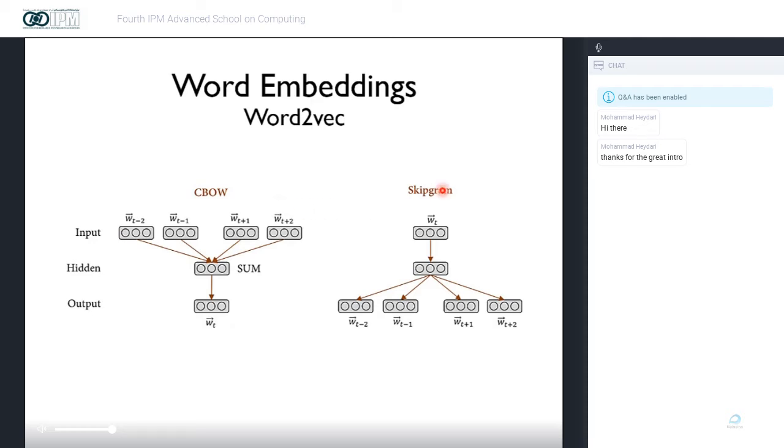Skipgram is similar, but it's kind of reverse. Based on the target word, you are going to try to guess what was the context around it. It's a very simple feed-forward neural network with one hidden layer, but the training is very efficient. It enables the model to see a lot of text and to come up with very high quality representations in a very low dimensional semantic space.